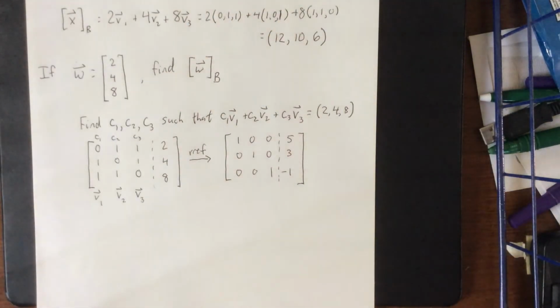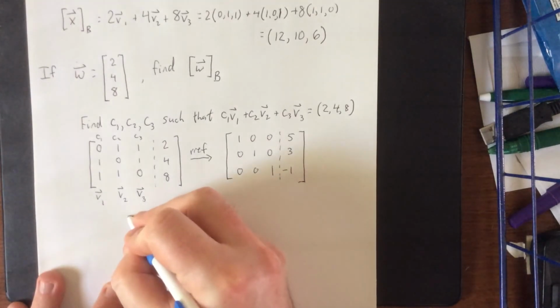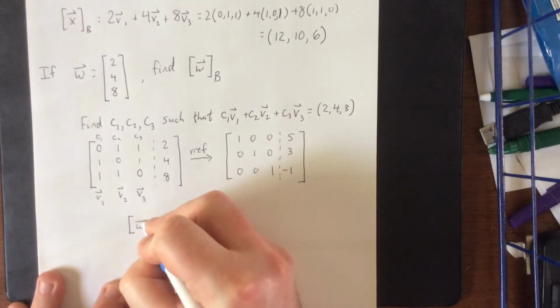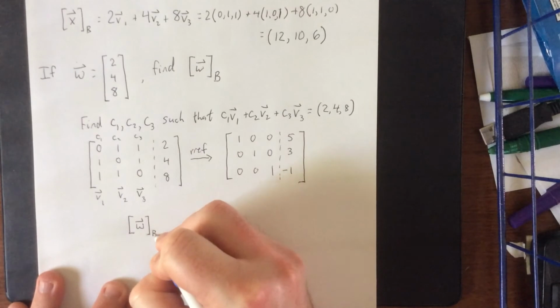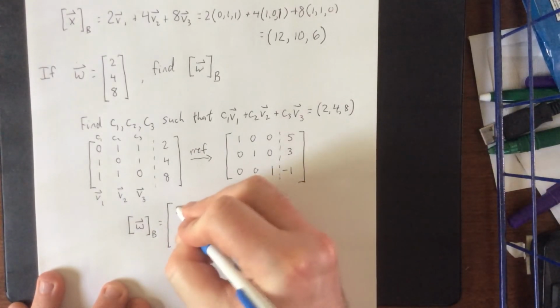Now, in order to interpret this answer, what we're saying is that the representation of W relative to the basis B is the coordinate matrix 5, 3, -1.